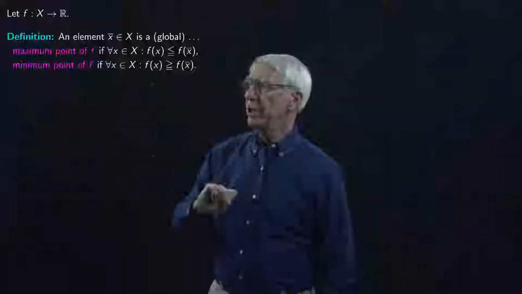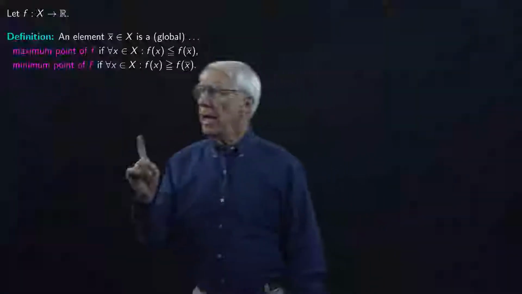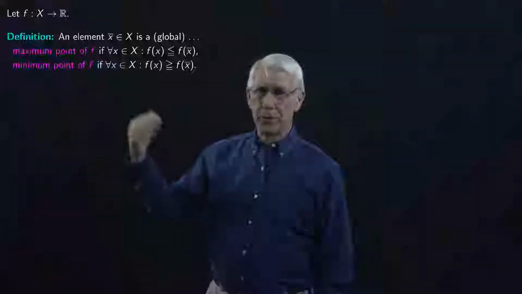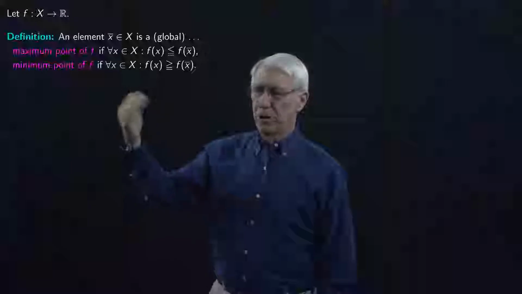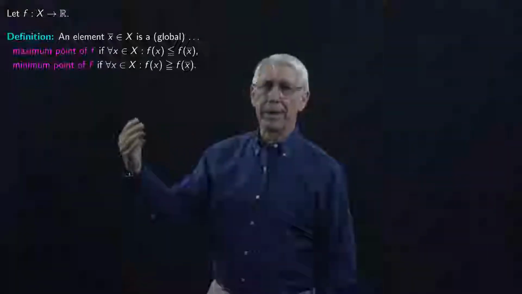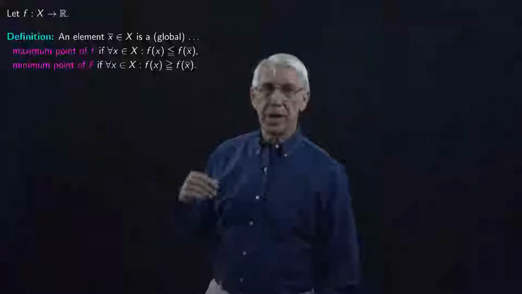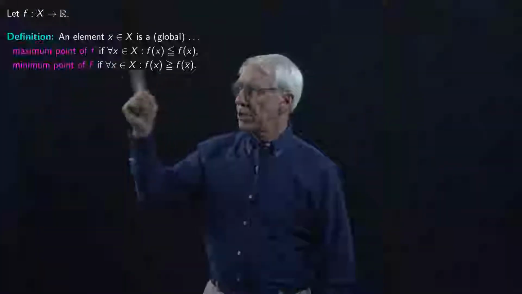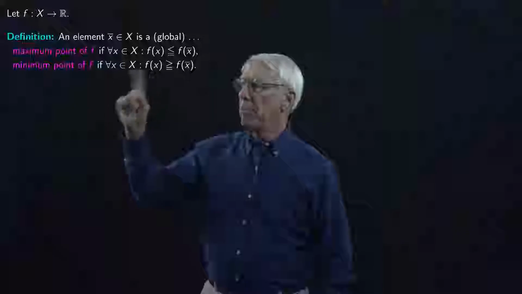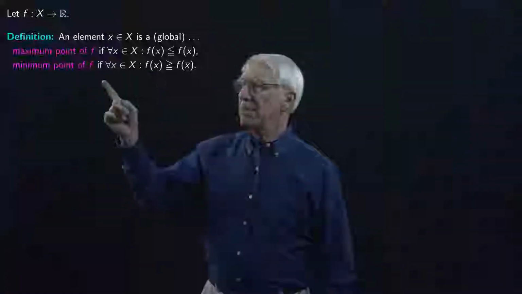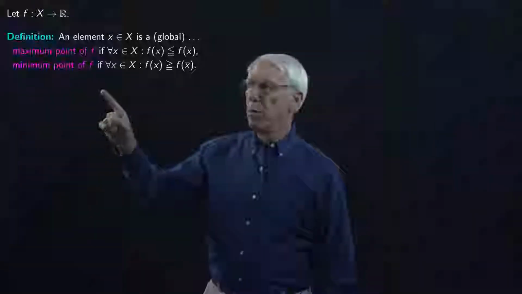For our first definition, these definitions that we're starting with in the first few minutes are, I'm sure, going to be familiar to everybody, but I want to make sure we all have the same terminology and notation, all on the same page. So let's start with the idea of a point in the set X, or an element, that's a maximum point or a minimum point of the function.